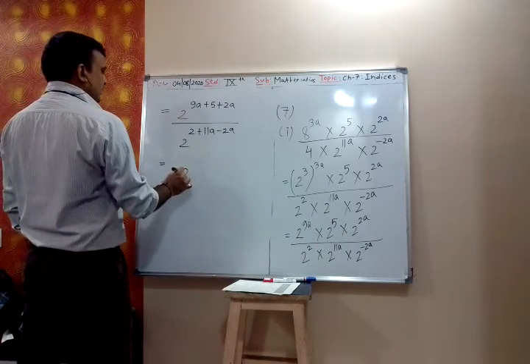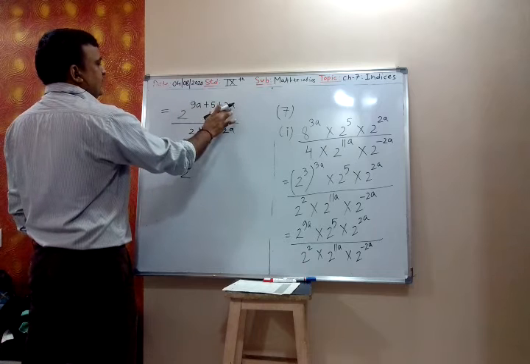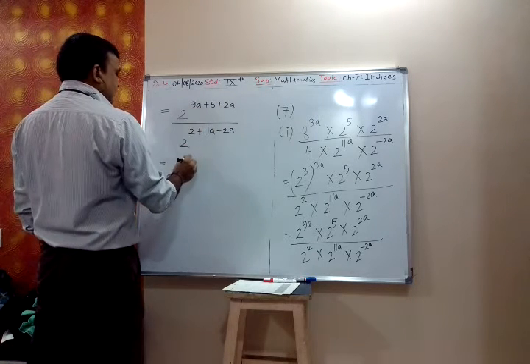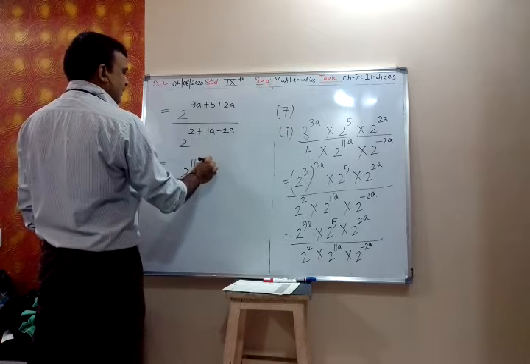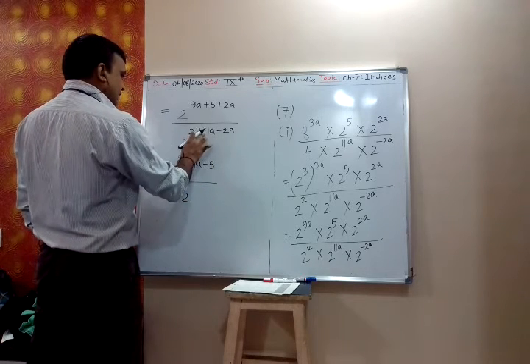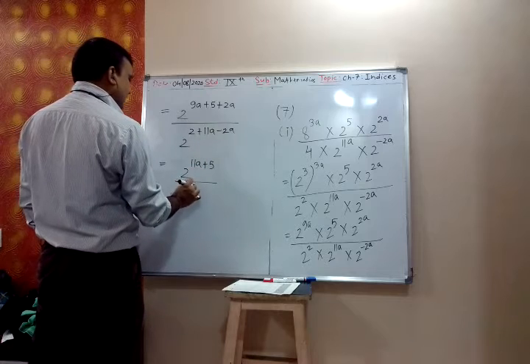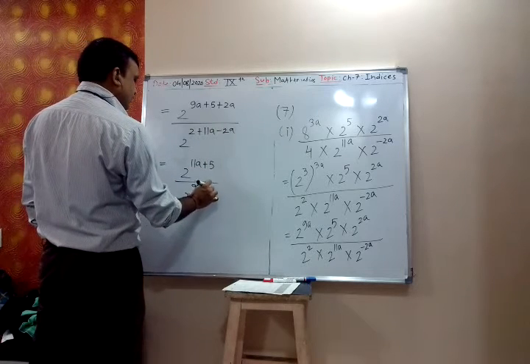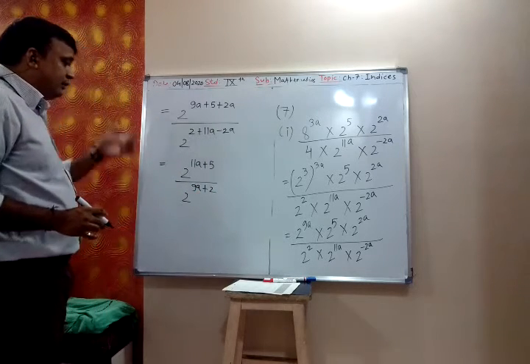So 2 raised to 9a plus 2a, they are like terms with the same variable, so 11a plus 5, upon 2 raised to 11a minus 2a, which is 9a, plus 2.